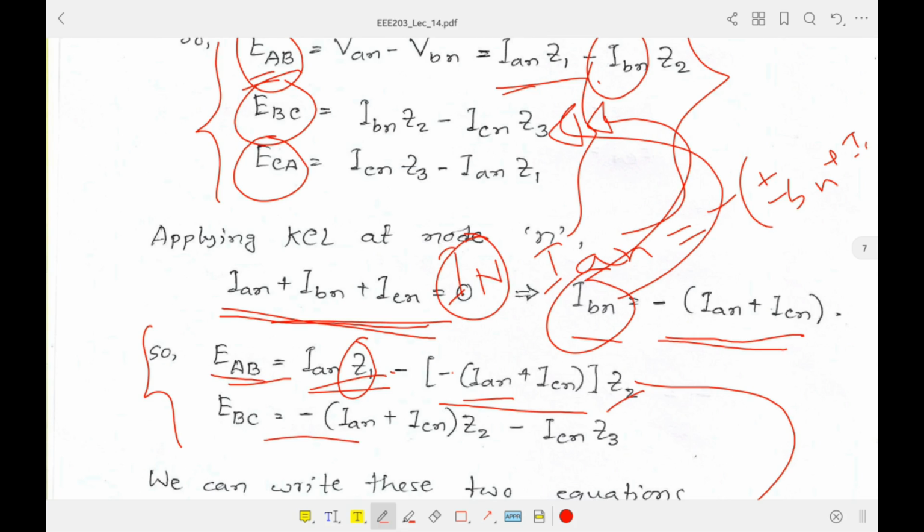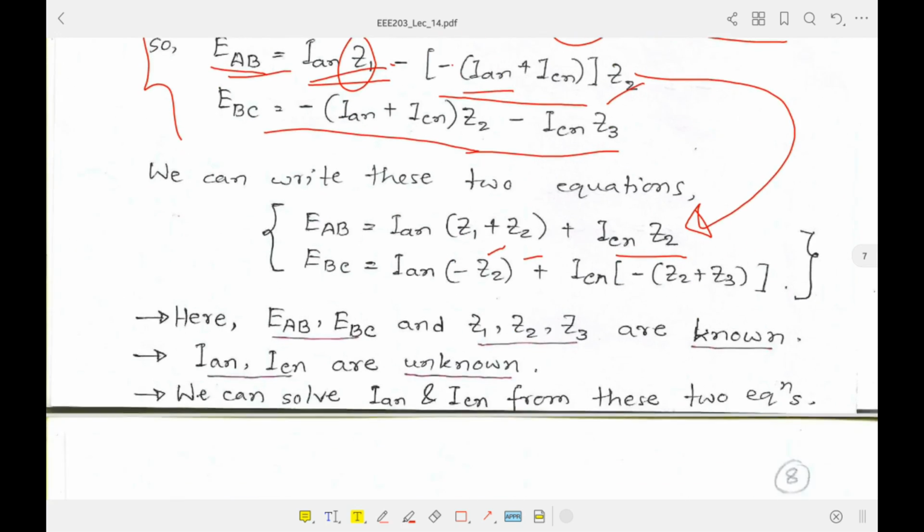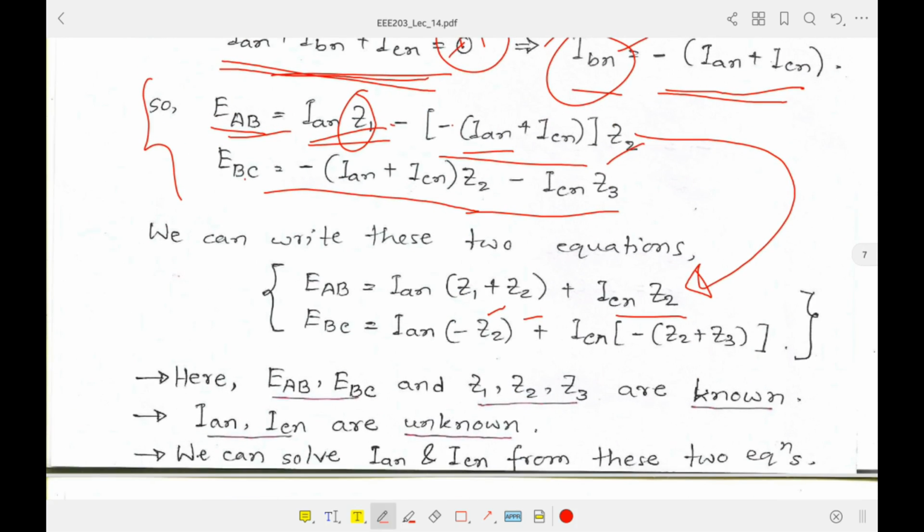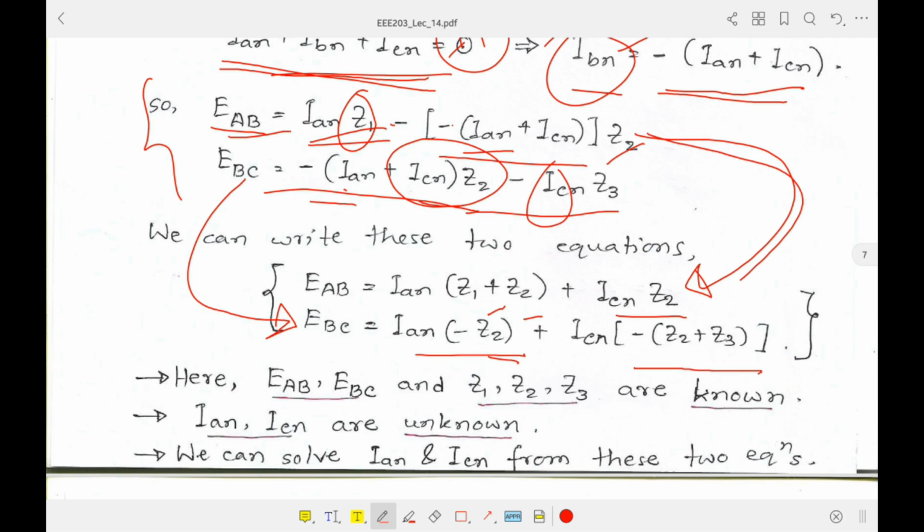If you put in that IBN value, it gives you just like this one, where you can take ICN as the common term. So it gives you minus IAN Z2, or IAN into minus Z2, and then for ICN you have another ICN here, so you can write minus Z2 plus Z3. These are simple representations, so you can do this.